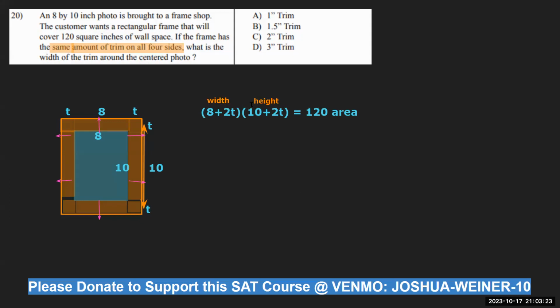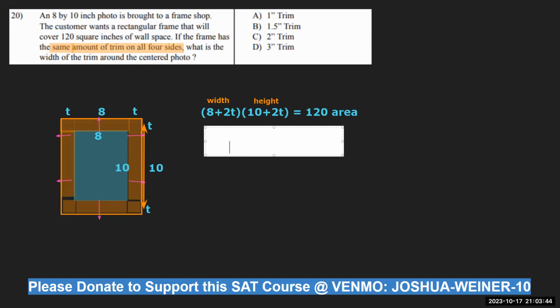So then multiplying it out, we get 8 times 10 is 80, plus 8 times 2 is 16t, plus 2 times 10 is 20t, plus 4t squared equals 120 total.